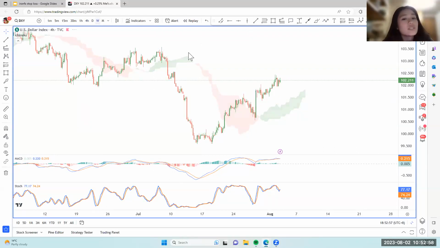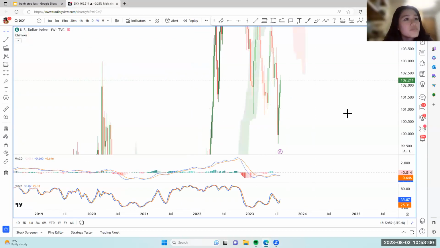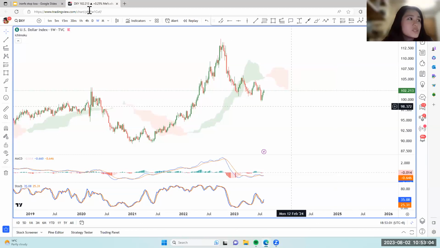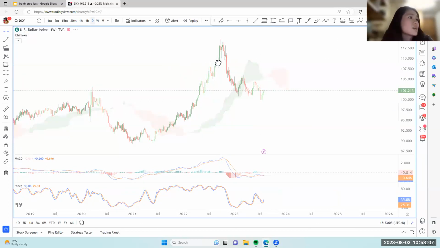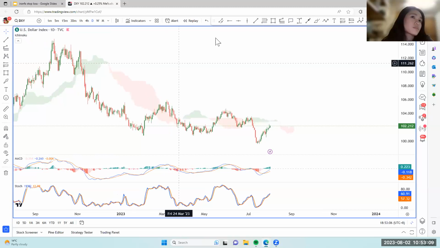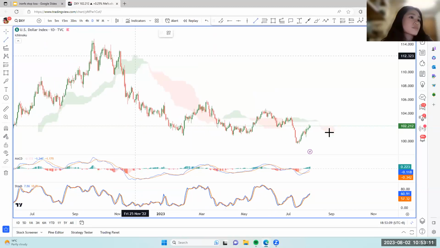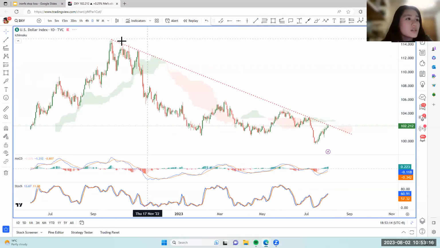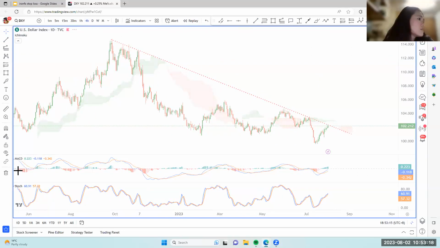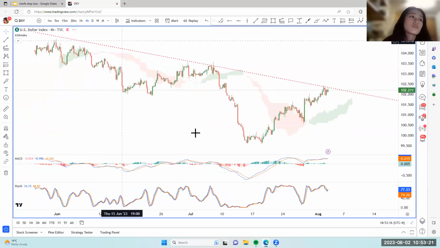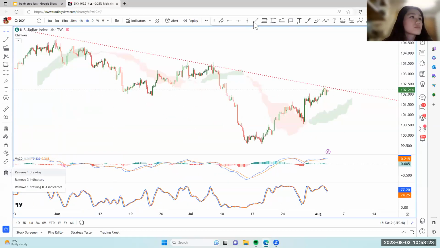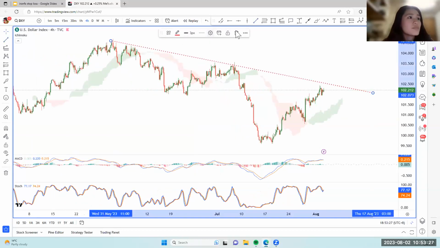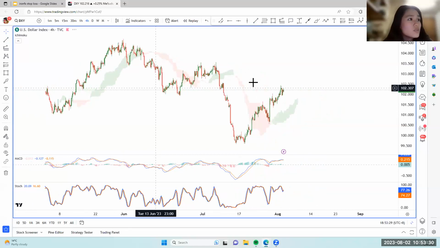Okay, same thing, let's take a look at the weekly time frame. Looks like price is moving downwards on our daily as well. It's moving in this descending trend line on our daily time frame. Nope, trend line on our 4-hour time frame.